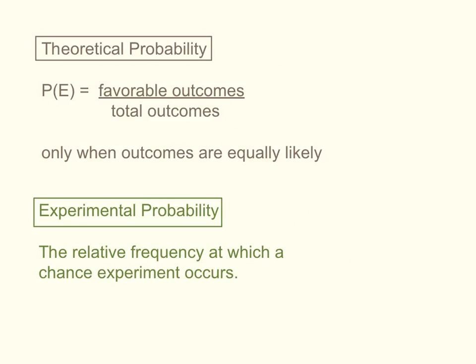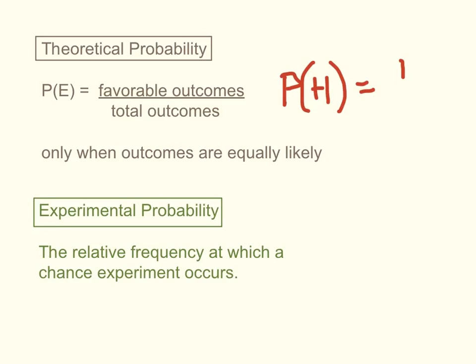And really we have 2 types of probability. We have theoretical probability, the probability of an event occurring, and of course we know that if we're flipping a coin, our probability would be the favorable outcomes, say, of the probability of rolling heads. There is one favorable outcome.